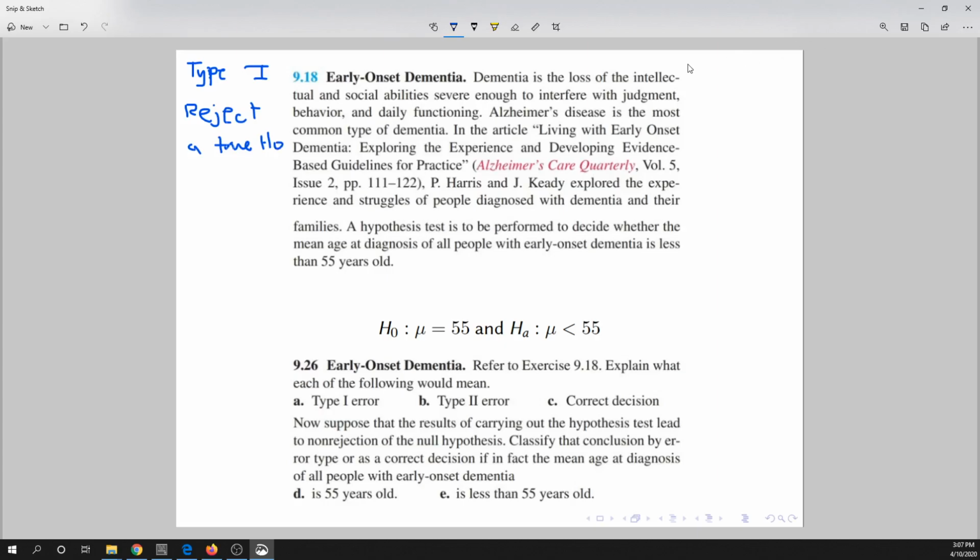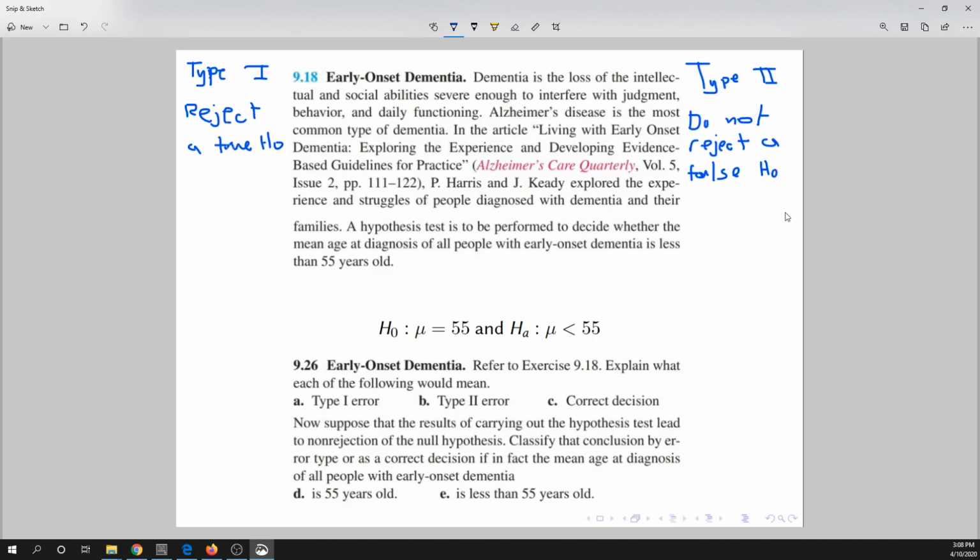And a type 2 error is when we do not reject a false null hypothesis.